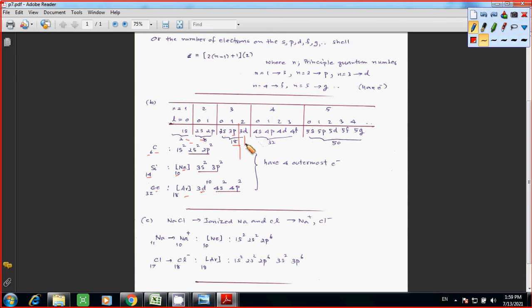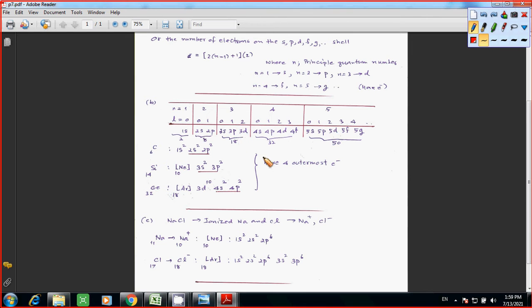And that makes 28, right? You need 4 more. So you go to n equal to 4. That's the 4s2 and 4p2. That's the configuration of our germanium.